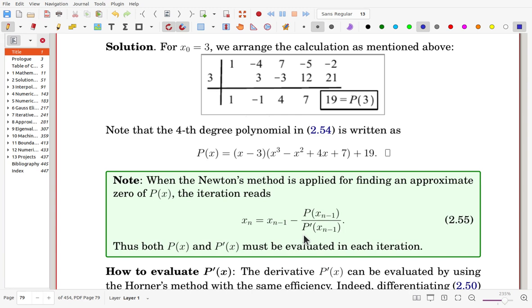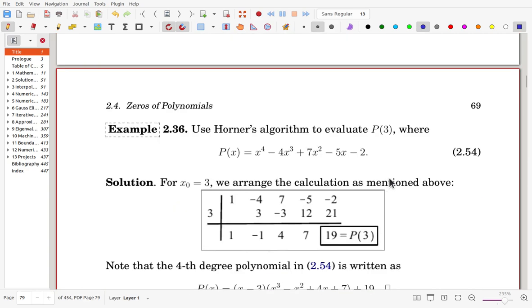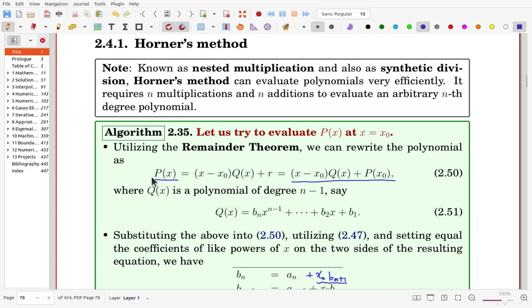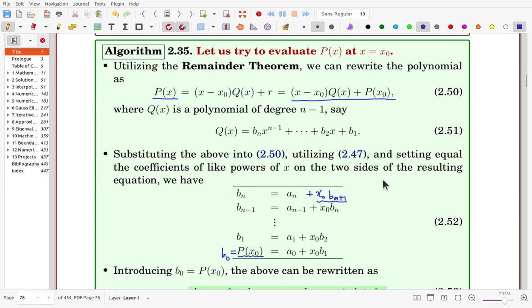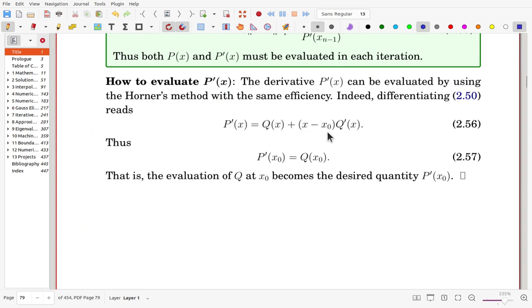Now, in order to get p'(x), we start from that equation here. We differentiate both sides. Then p'(x) will be Q(x) plus (x - x0) Q'(x) by using the product rule.